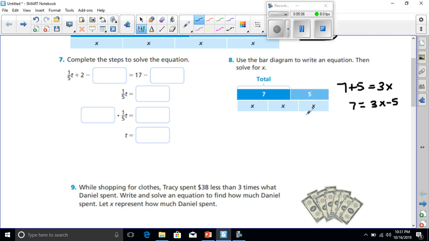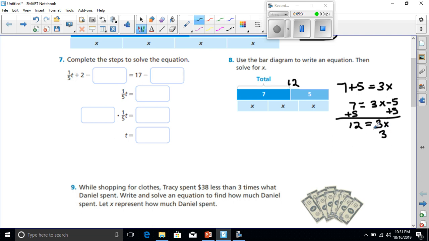Now, then they want us to solve it. Well, we know we're going to add 5 to this side, which means we'll add 5 to this side. And that's where we get the 12. 7 and 5 is going to make 12, right? And we know that 3x's have to equal 12. Well, this is like saying what times 3 is going to equal 12.